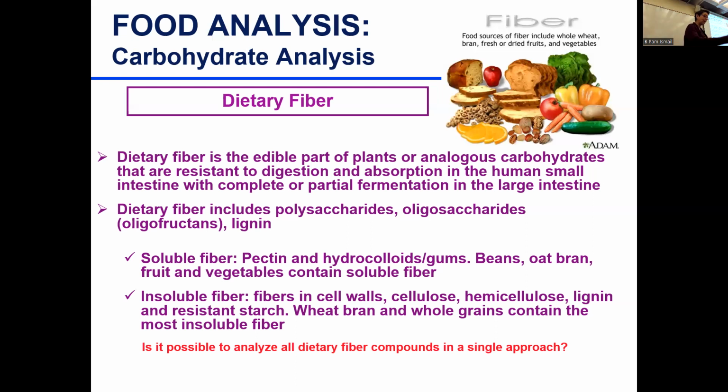So physically inaccessible starch is resistant starch. These are the 4 types of resistant starch that you would normally learn about in food chemistry. Now, I'm not going to ask you about that in the final. I just want you to link the classes together.